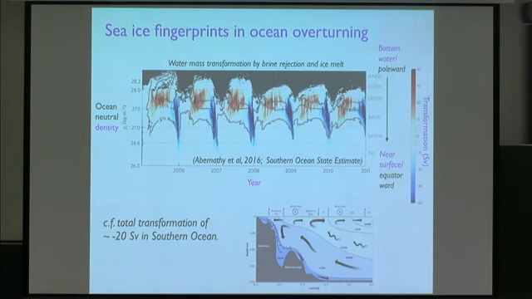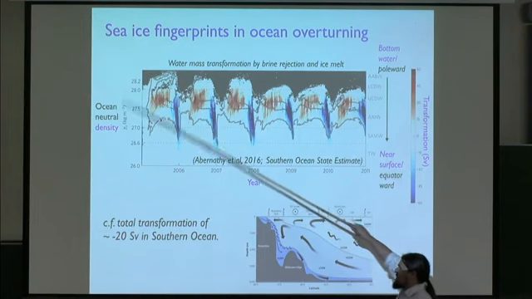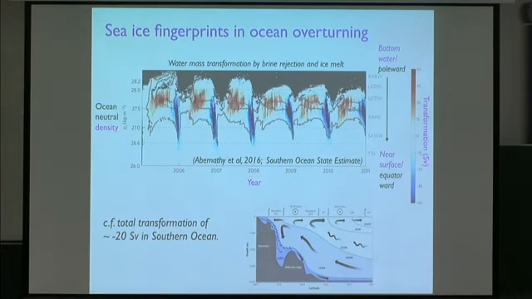This is a slightly complex plot if you don't spend most of your time listening to oceanographers talk. What we're looking at here is, over time, how your vertical axis is showing you something called the ocean neutral density. This is basically a classifier of different density masses of water.